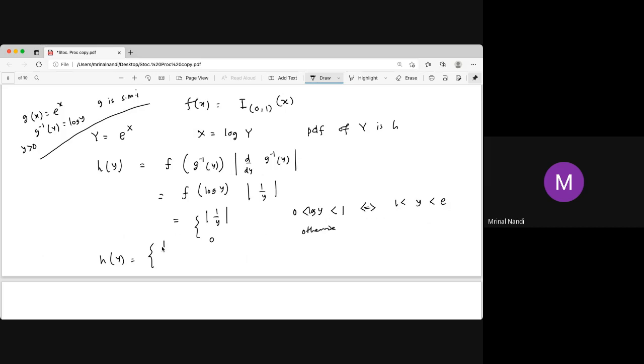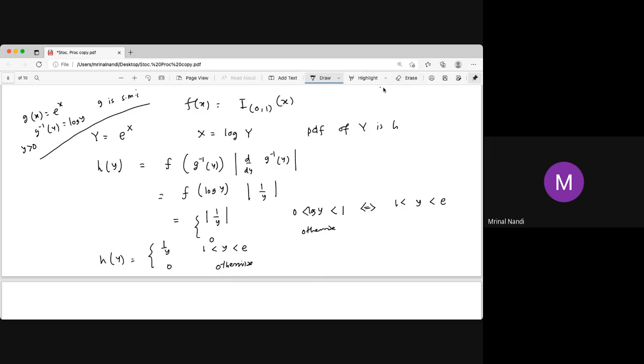That means it is 1 by y if y is from 1 to e, and 0 otherwise. So this is the density function of e to the power x. Similarly, you can find the other case also.